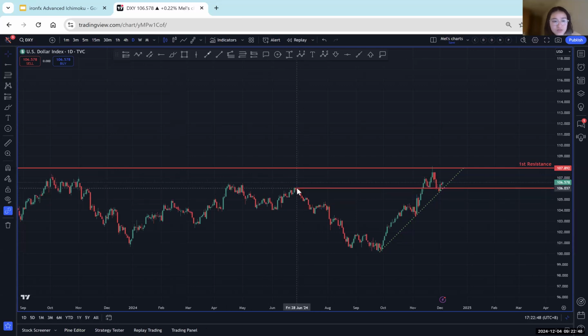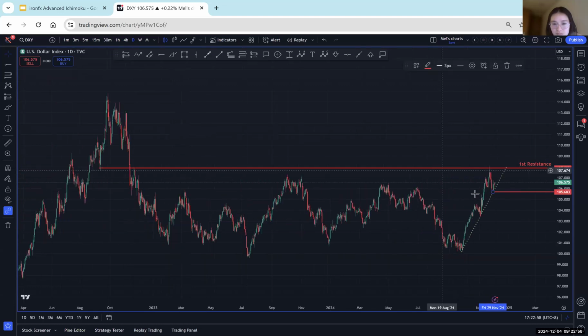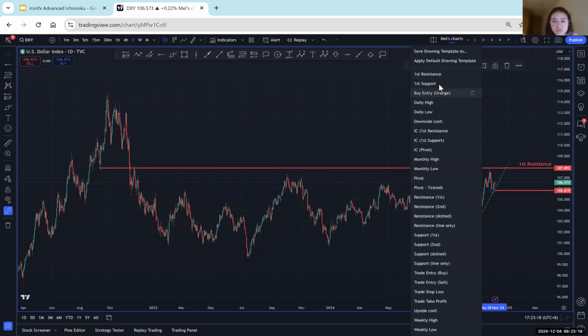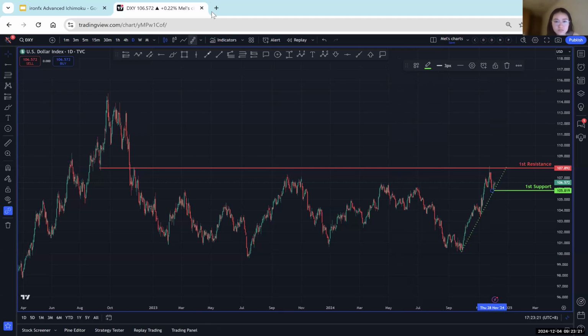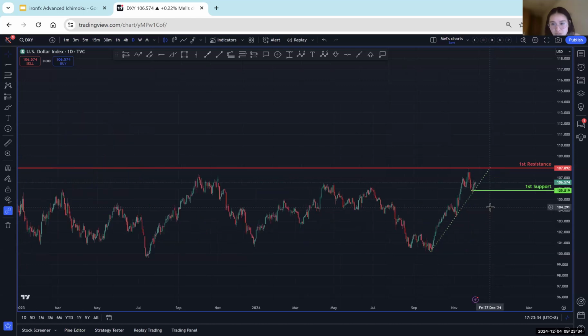For my first support, or let's see, probably place it, okay, yeah, maybe just down here, because prices recently rebounded off that level.